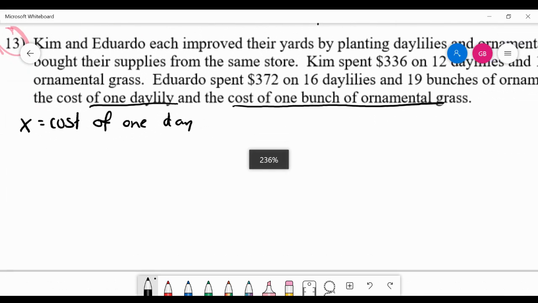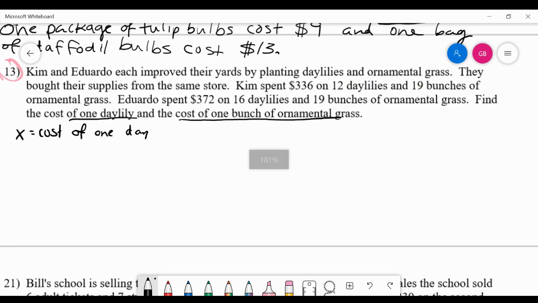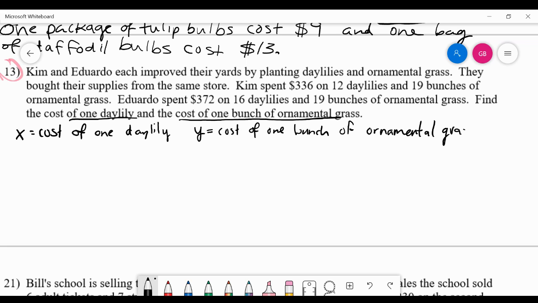Y is the cost of one bunch of ornamental grass. Okay, cool. Now let's write equations.